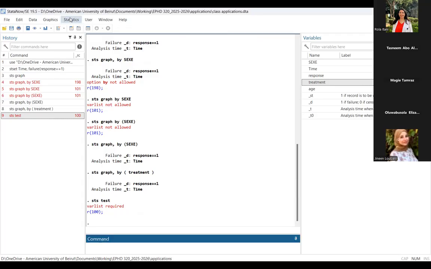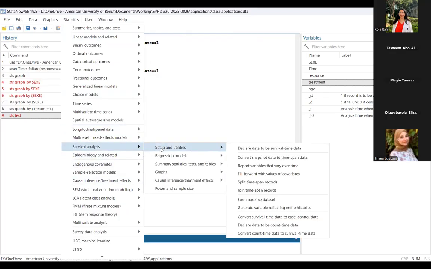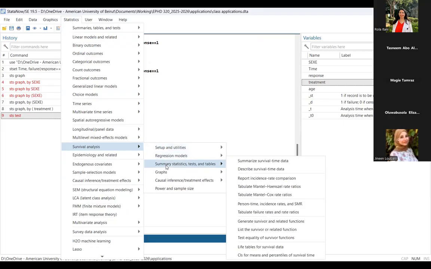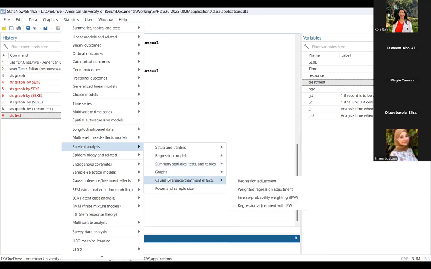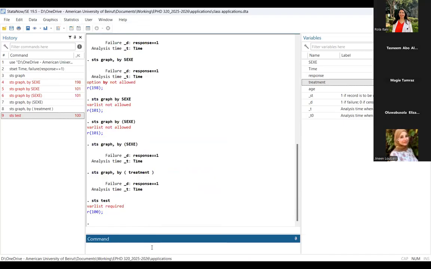Let me see it here. Not here. Summary, test, table, describe, tabulate, causal graph, data, convert, report. I forgot actually, but it is a test, STS test.